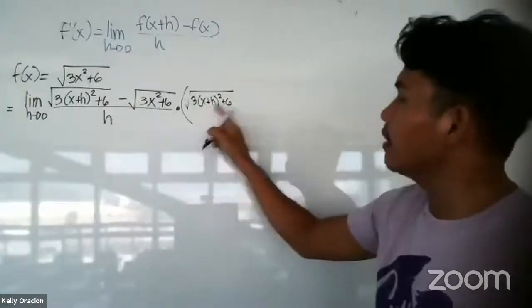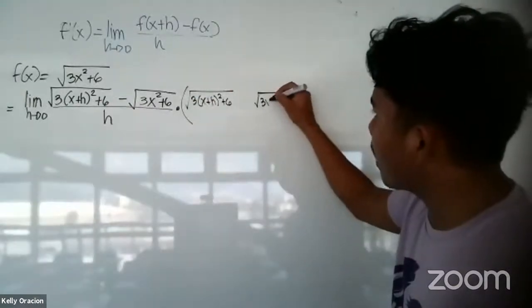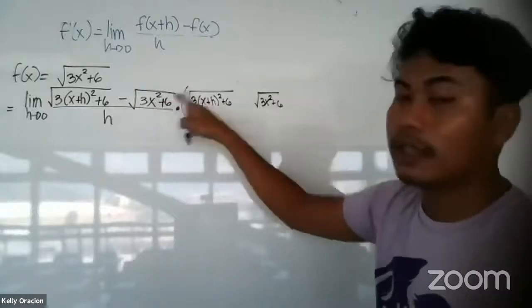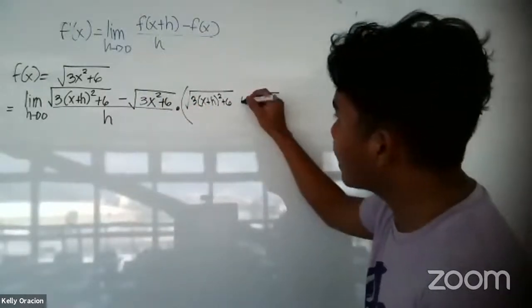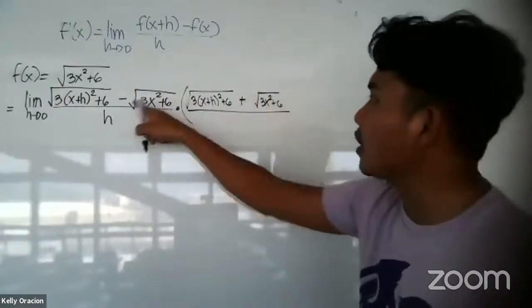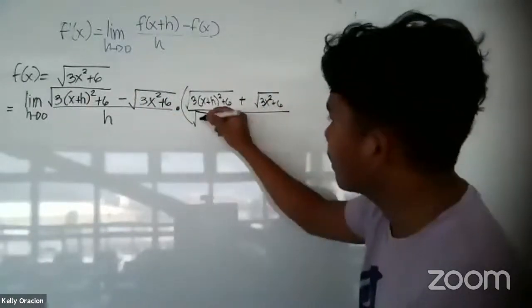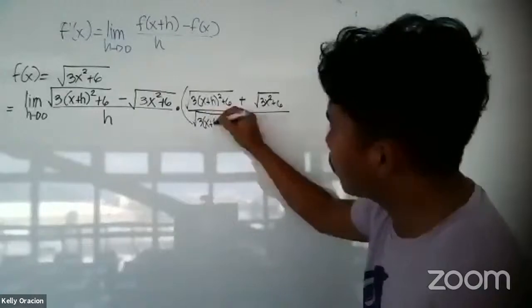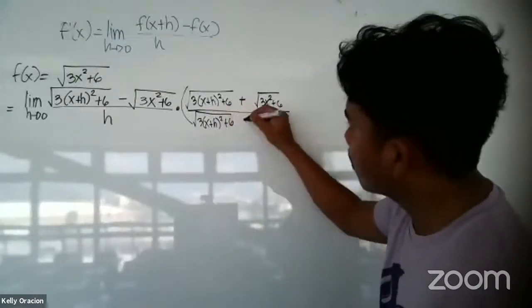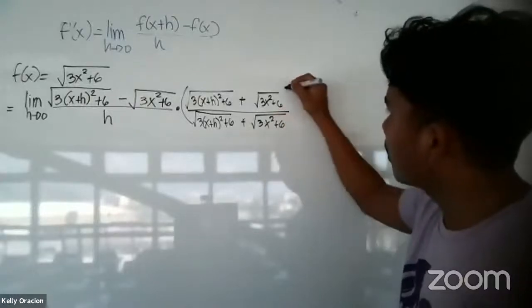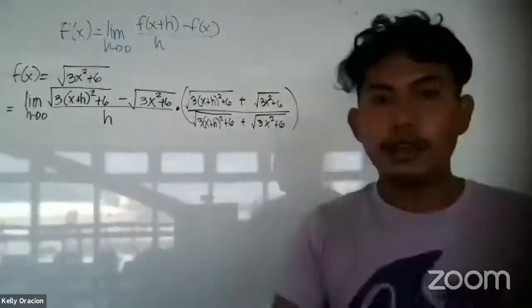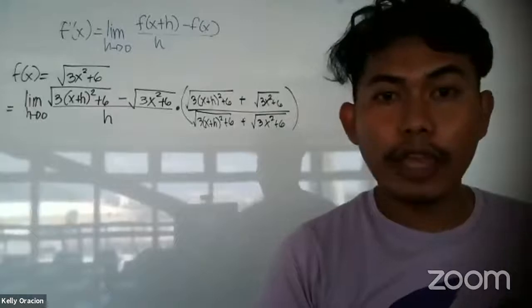Then square root of 3x squared plus 6. The same lang. Pero the sign between them is iba. So sa denominator, same lang din. So you are going to conjugate.